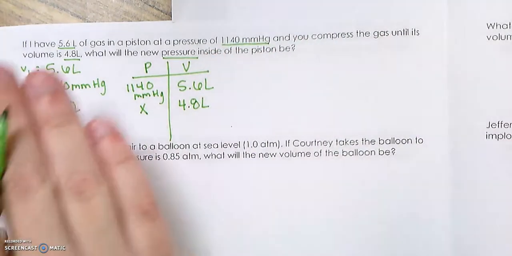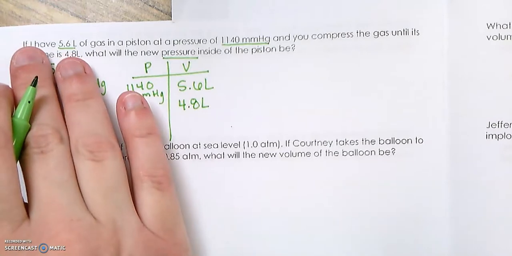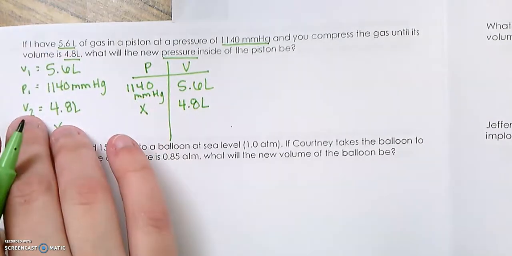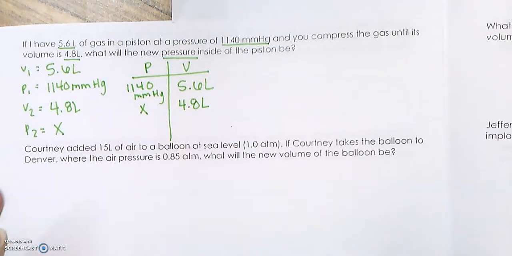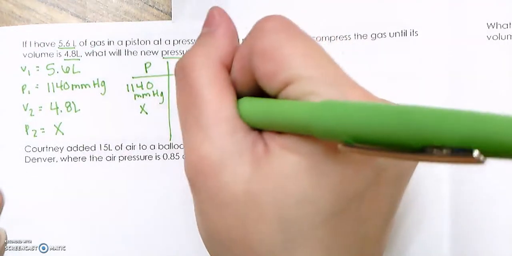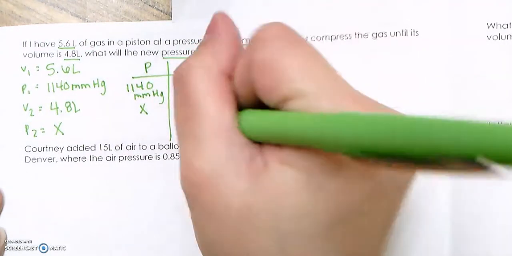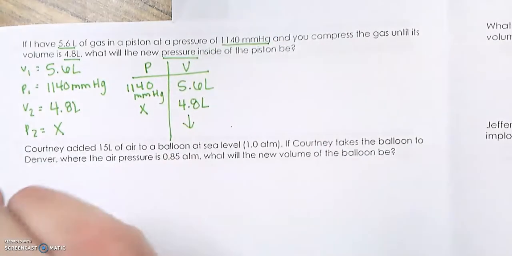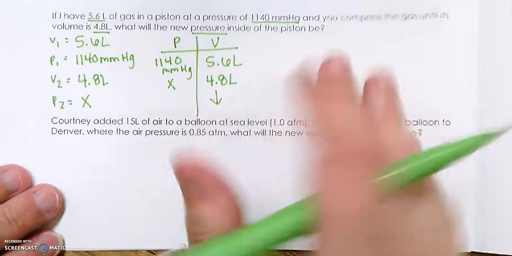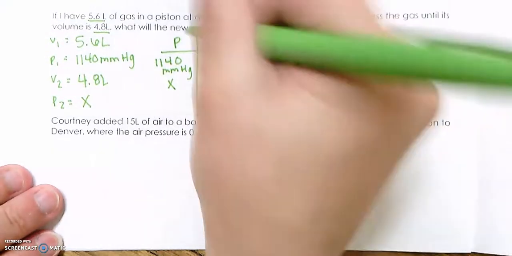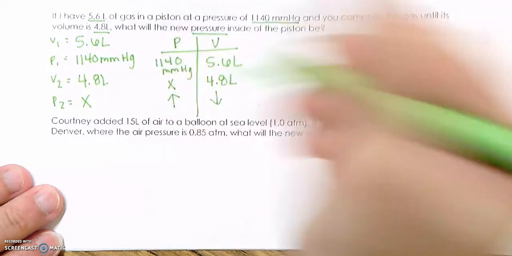So once I've taken the information from the paragraph or question into my variable breakdown, I'm going to put it in my table, and now is when I'm going to start to analyze it. So 5.6 to 4.8, that's a decrease in volume, so I'm going to put a down arrow. Now we talked about a second ago that our arrows are going to be opposite because this is an inverse relationship. So if volume goes down, pressure is going to go up.